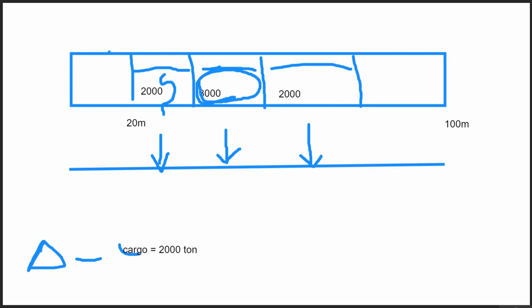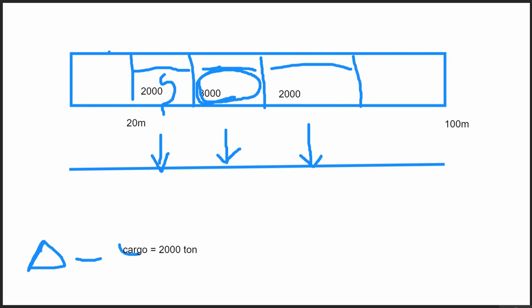We will also assume that your light ship, in this case 2,000, is also uniformly distributed over the entire length of your beam. So if you cut your beam into pieces equal to the length of your cargo holds, then per cargo hold you have a buoyancy force of 9,000 divided by 5.